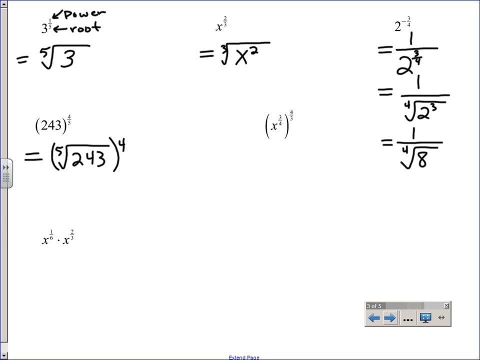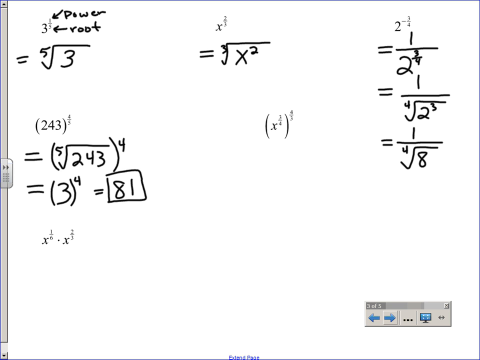It's typically easier to do the root first because it makes the number generally get smaller, and then we raise it. The fifth root of 243 should be on your perfect sheet. It is 3, and then we are raising it to the 4th. If you need to put parentheses so you can see inside the parentheses that answer was just 3. Now we do 3 to the 4th, which we know is 81. So I didn't need a calculator, and that's the way you should have practiced those.